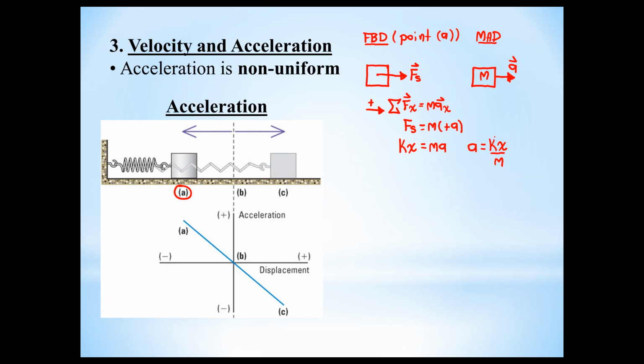For a particular mass spring system, your k would be a constant, and so would m. Therefore, we can just look at a direct relationship between a and x. And a direct relationship means that it's going to be linear. Now, you might be wondering, why isn't it just going to be a graph that goes up and towards the right? Well, now we have to consider the direction. So if we go to point A here, at point A, your restoring force would be towards the right.